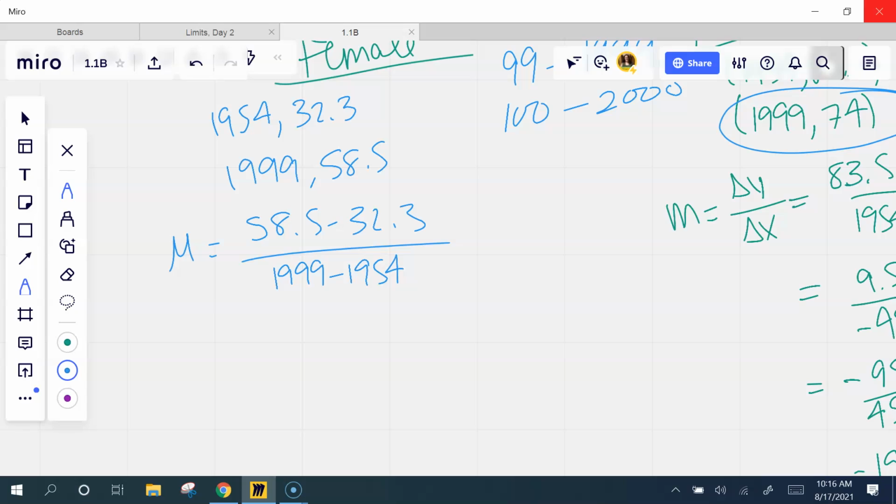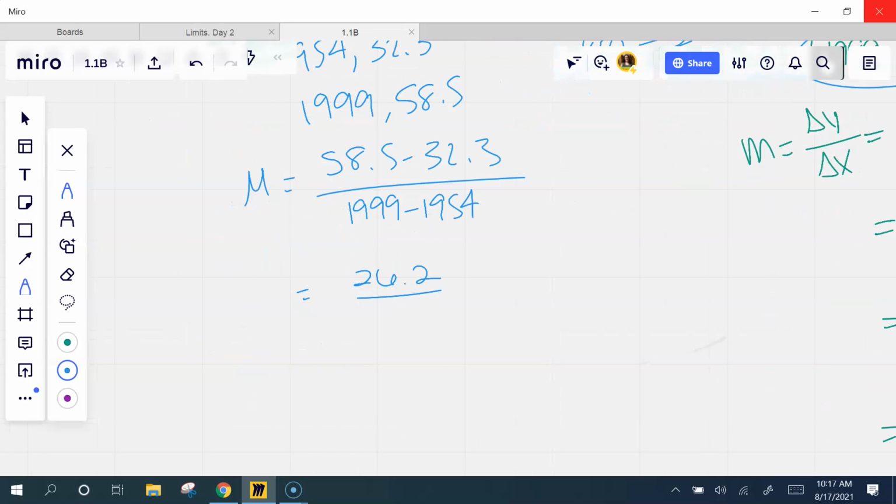And so 58.5 minus 32.3 would be 26 point what? Over, again, negative 45. Positive 45.